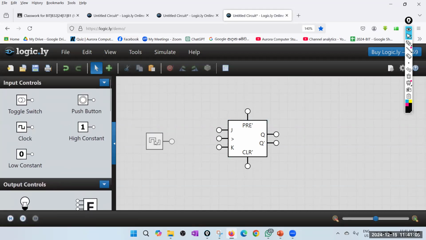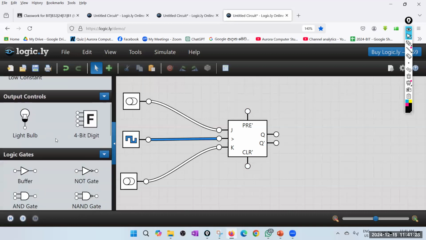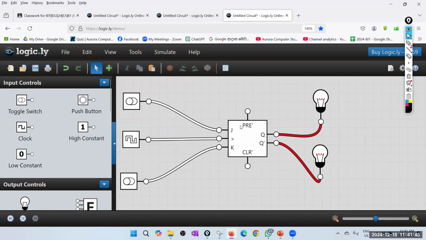Yes, clock is there. So you need toggles, switches. Bulbs. You need to set preset and clear.